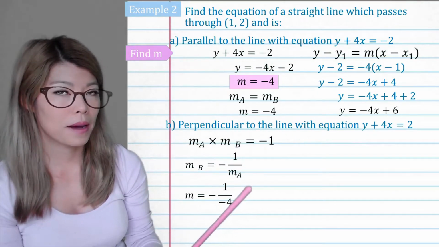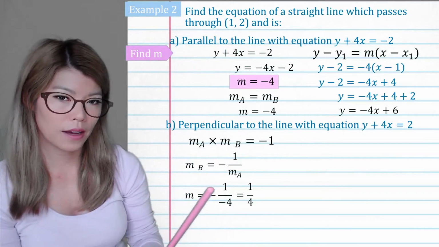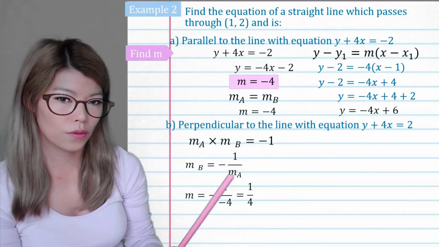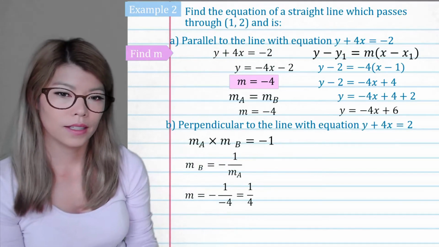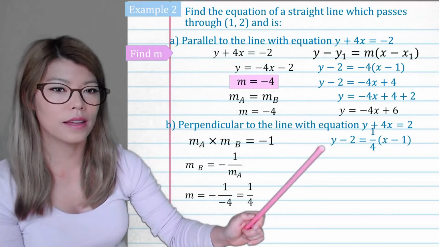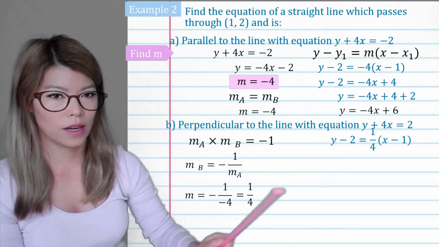A minus and a minus becomes positive. So write this formula down also: when it's perpendicular, the gradient is minus 1 over the other gradient. Now that we have the gradient and the point, plug it into the same equation. The point is (1, 2), and the gradient is a quarter.